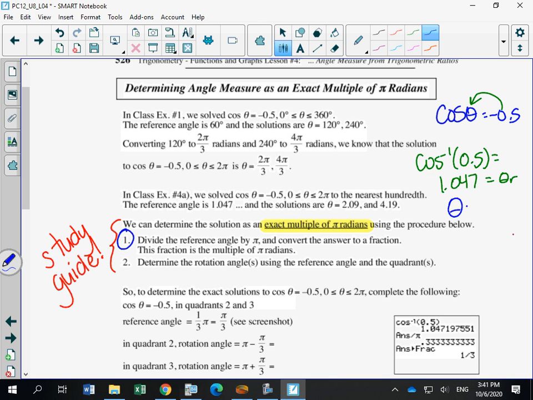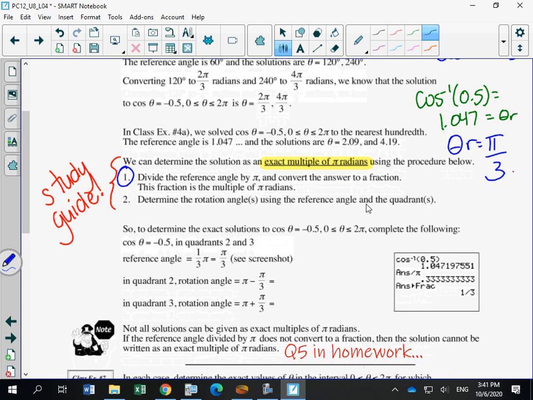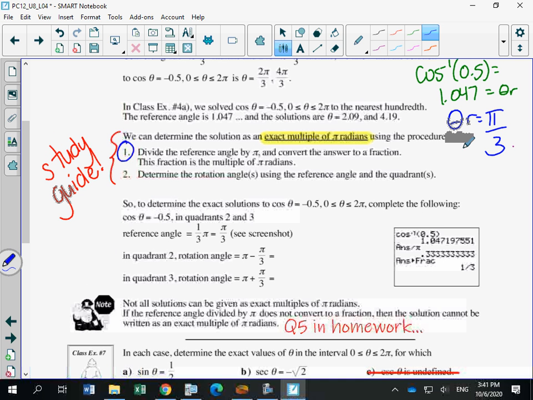So theta r is equal to 1 pi over 3, or pi over 3 radians. That would be the reference angle written as an exact multiple of pi radians. Based on that, this is going to be question 5 in your homework. You're going to have to do this trick.